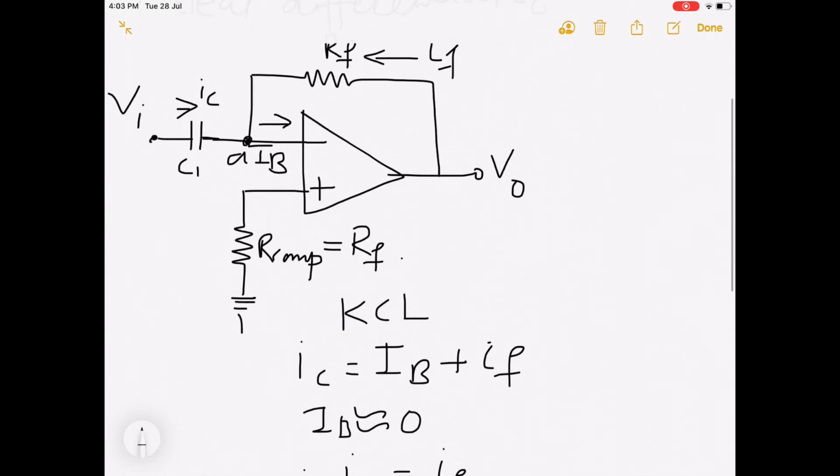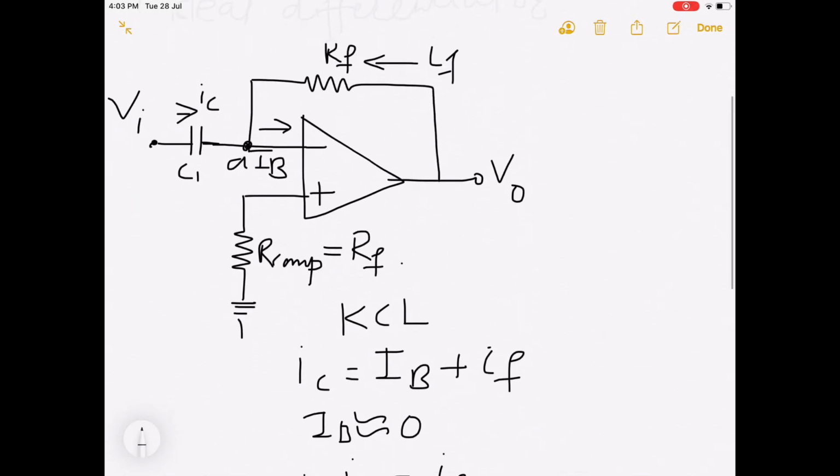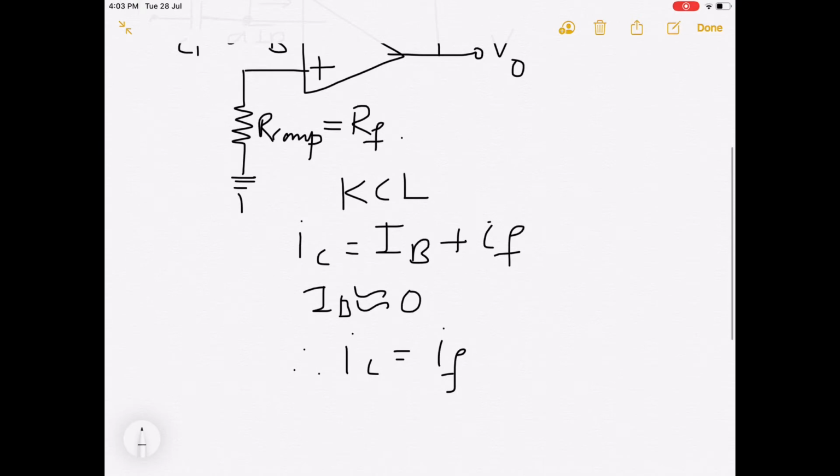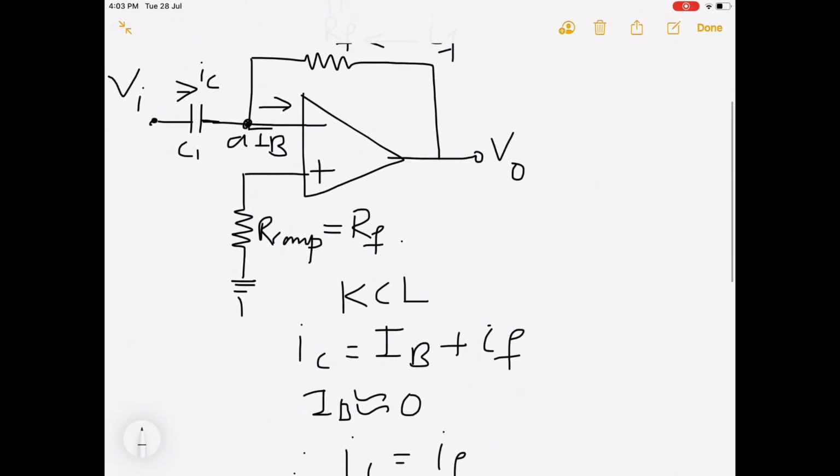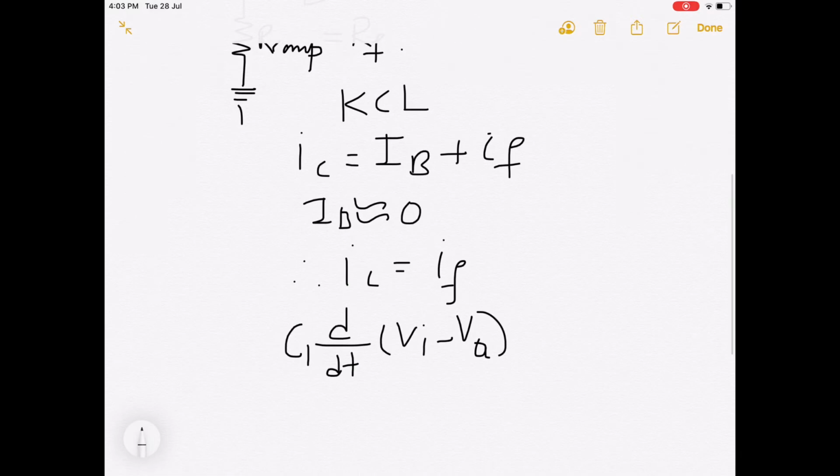Then what is IC? IC is the current flowing through the capacitor, so we can write it as capacitor C1 times d by dt of (Vi minus Va). See this equation at point A, and this is Vi. This is the current flowing through the capacitor.